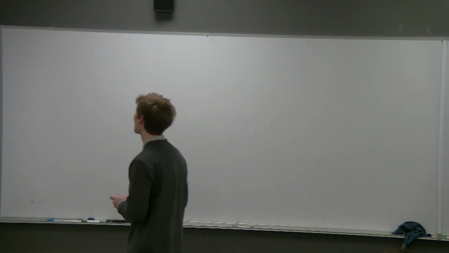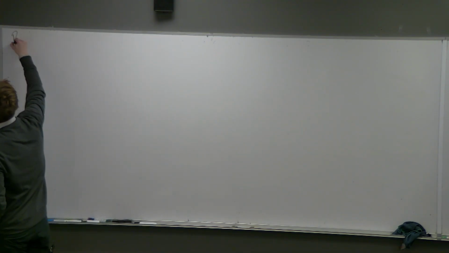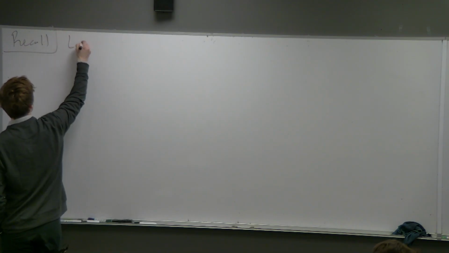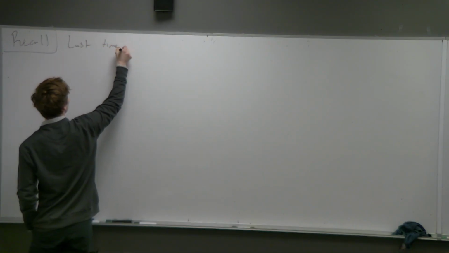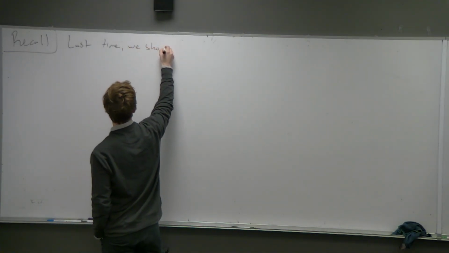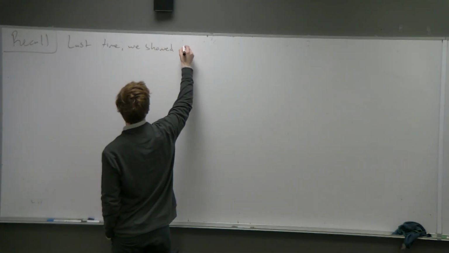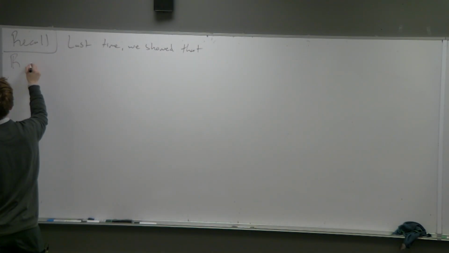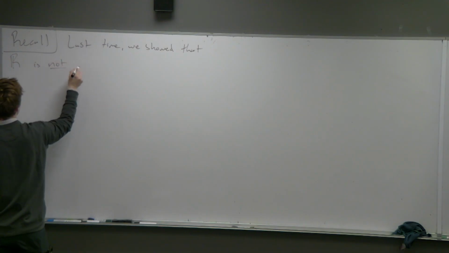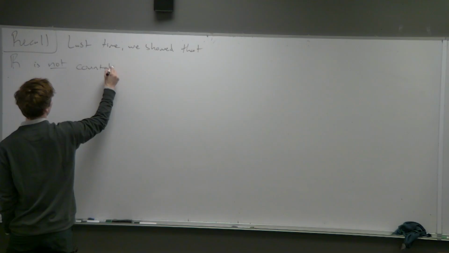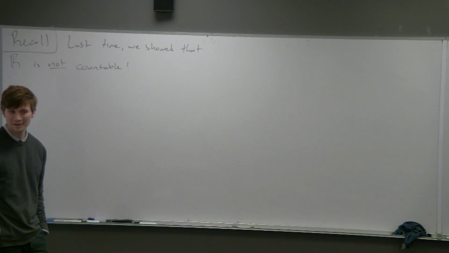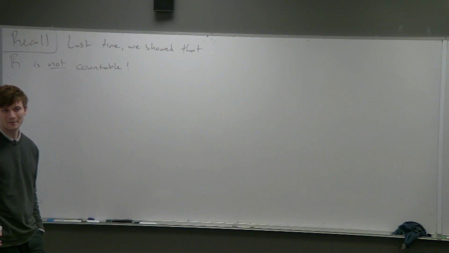All right. So last time, if you recall, we were getting to some fun stuff. Last time, we showed that the real numbers R is not countable. This was kind of exciting, yeah? How did we do this?